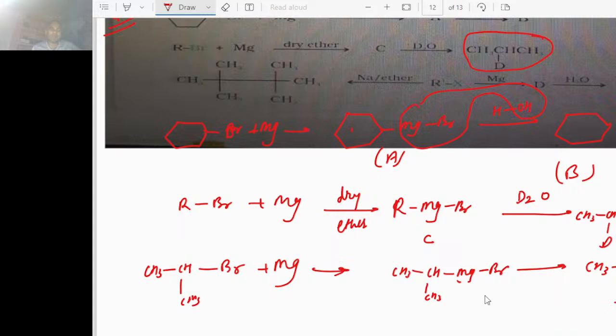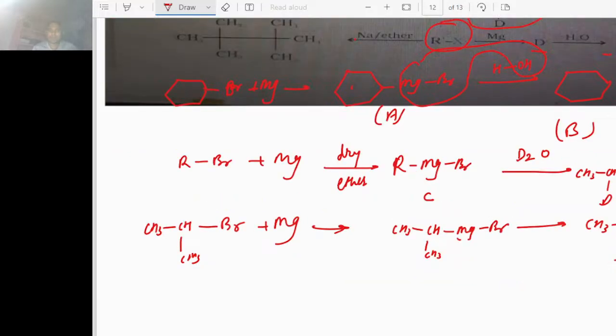Now they are saying here: RX you are taking, student, then Na in ether, so you are getting this one, Wood's reaction, and this RX if you are taking with Mg, you are getting D and E. So very simple, student. Let's see. So RX, here I am taking CH3, CH, downside CH3, friend, right?